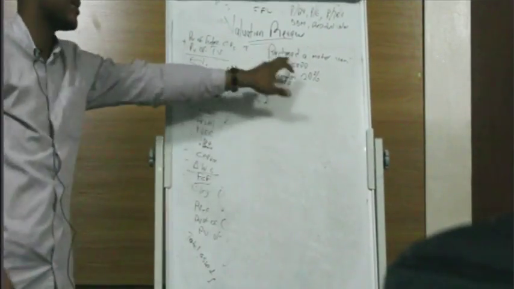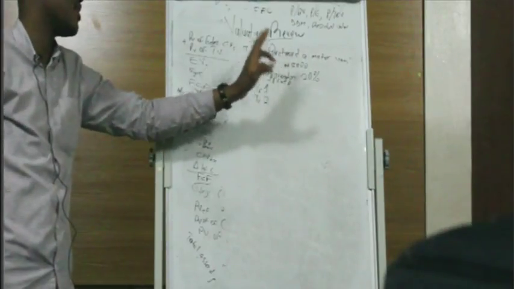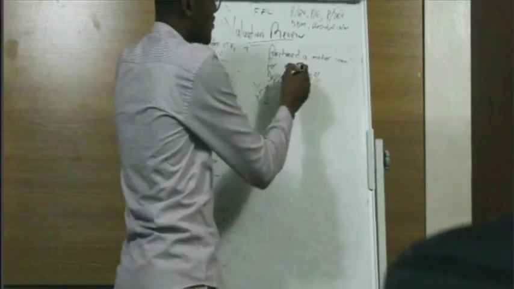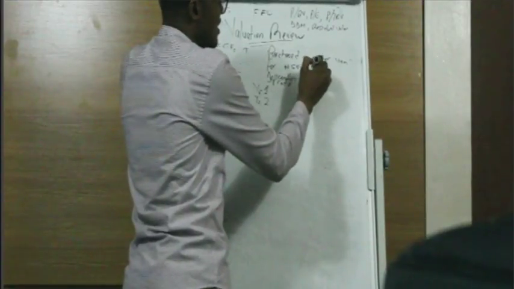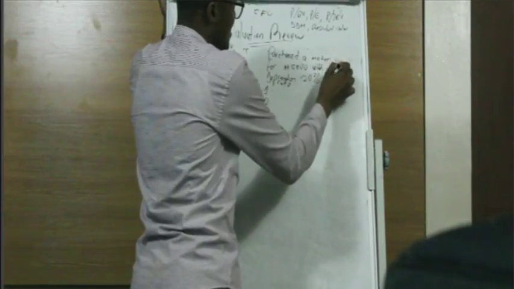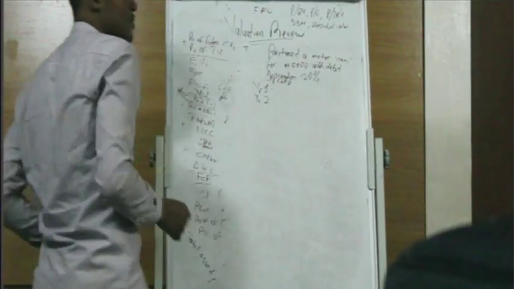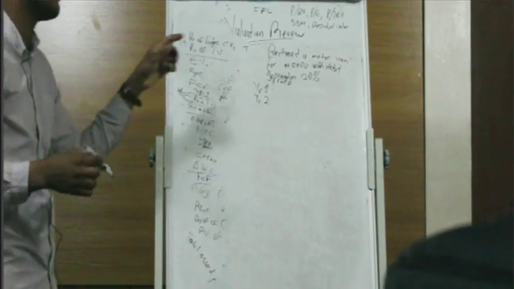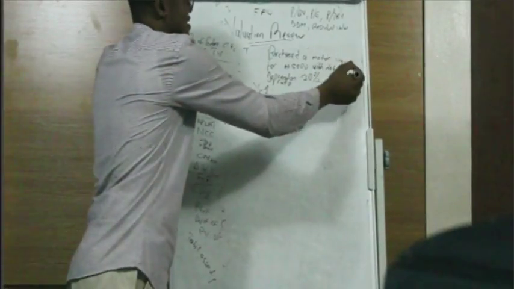Purchase the motor van for 5,000 naira. Let me make it complicated. Purchase the motor van for 5,000 naira with debt. I want to make it more complicated. I can tell you this debt will be repaid in year 3.